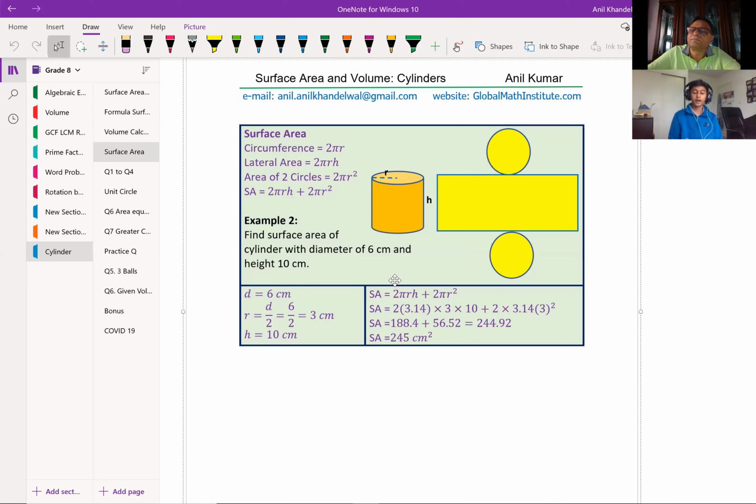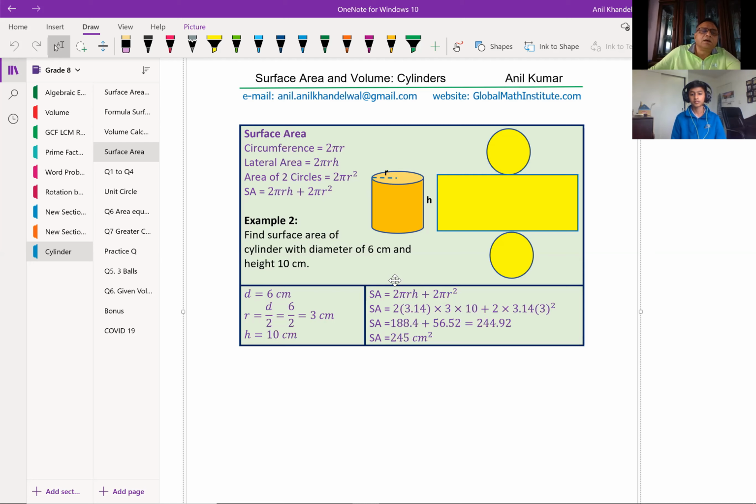First you have to find the area of the top and the base, and then you can find the circumference of the circle and multiply it by the height to find the curved area. Basically, first you should find the radius, right? Because most of the formulas are related to radius. So diameter half will give you the radius, correct? Once you get the radius, then you can substitute in the area and surface area formula and find the answer.